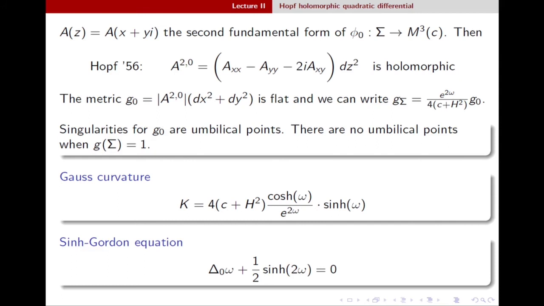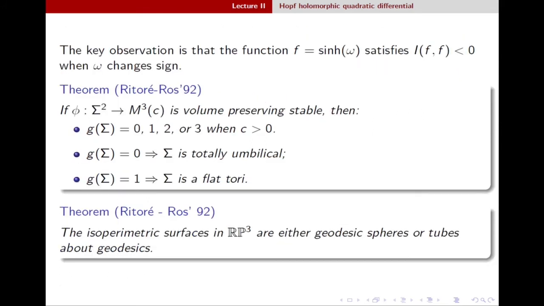And so if it does not have a sign, then you can do a variation of that surface and use that as your test function in the stability inequality, okay? And the reason you can get information from the stability inequality is because it solves this very nice equation. So the key observation of Ritoré and Ros is that hyperbolic sine of omega always decreases area up to second order when this function omega changes sign.